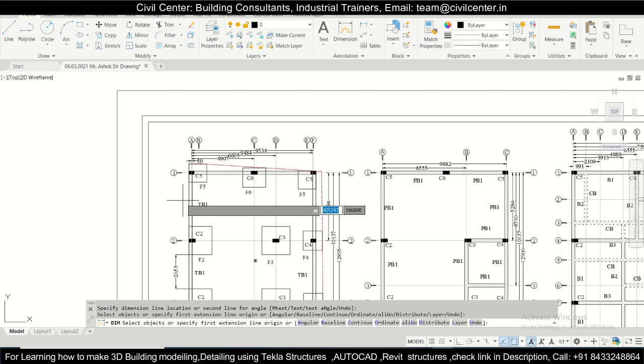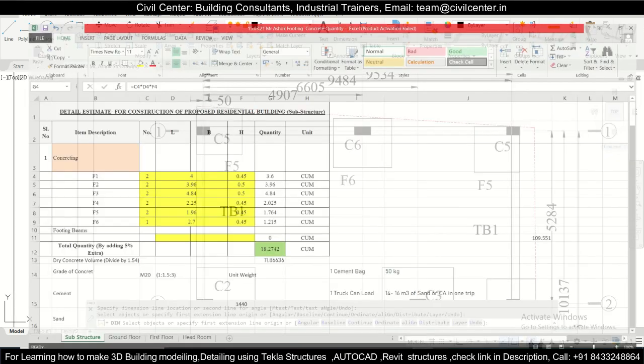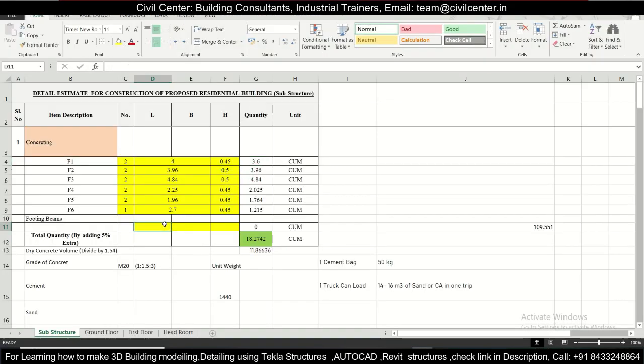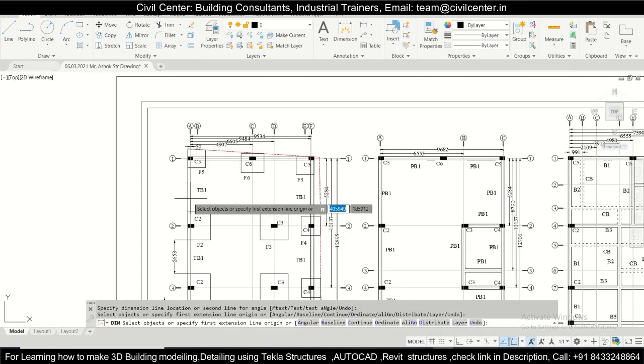We'll multiply the length. The size is the same; the size of this particular beam is 0.25, 250 into 300, 0.25 into 0.3. The length will be different, and we'll add all the lengths which we find from here.